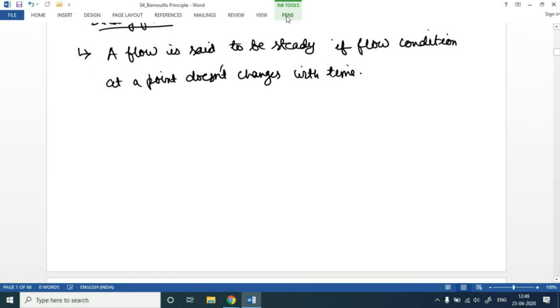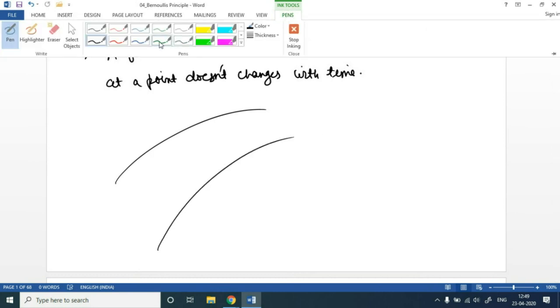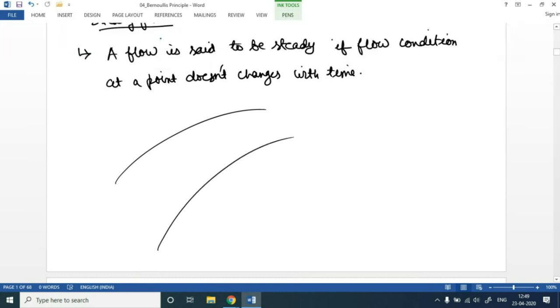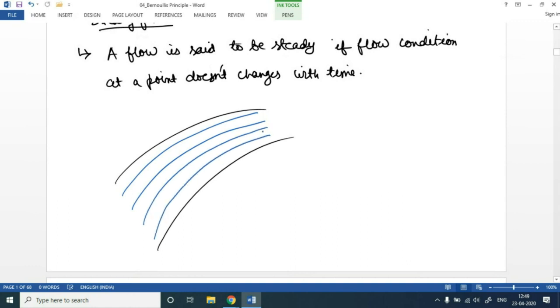So let's say this is some pipe, and in order to illustrate the pattern of flow, we are going to draw some streamlines. So now you see these are streamlines.